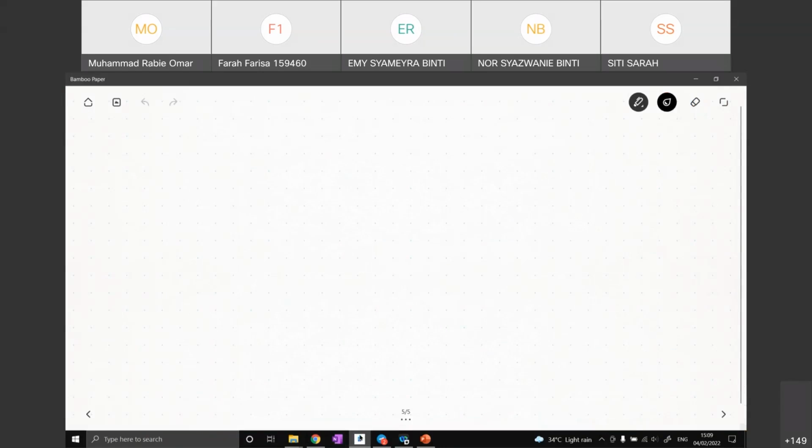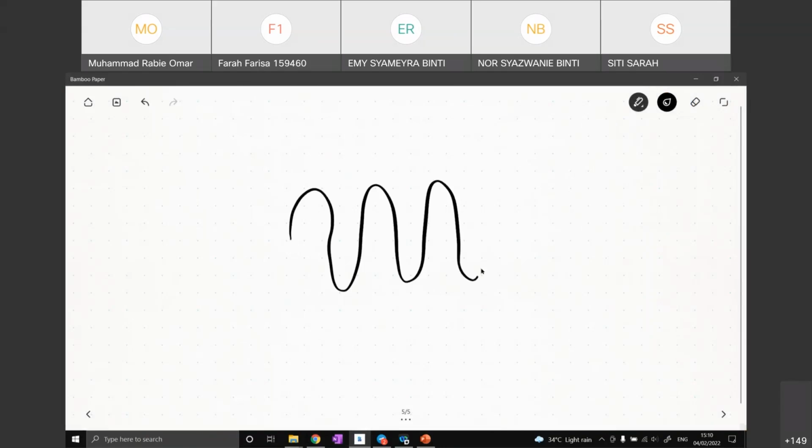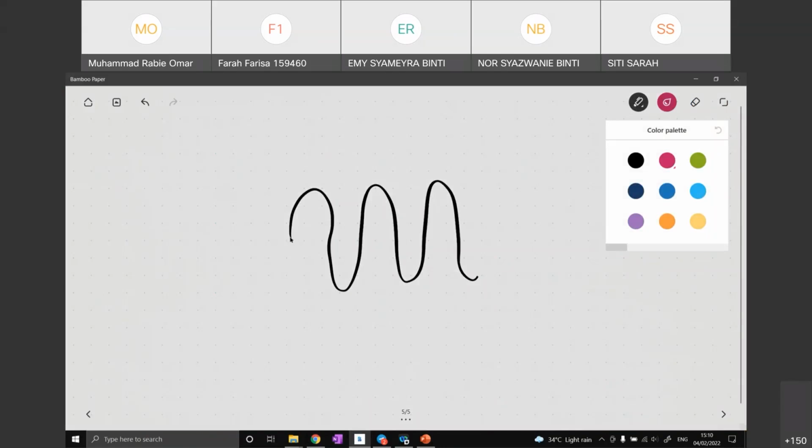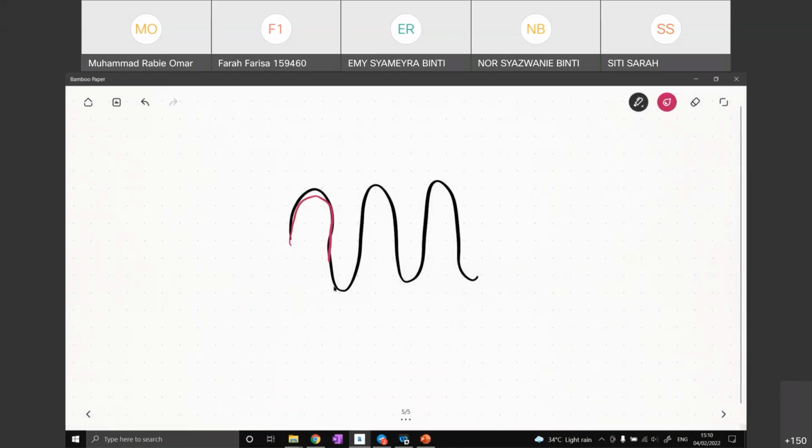So for example, if I have my wave here that looks like this, and I have another wave, when they coincide together, I have my first wave, which is black in color, and another wave which is maroon in color.